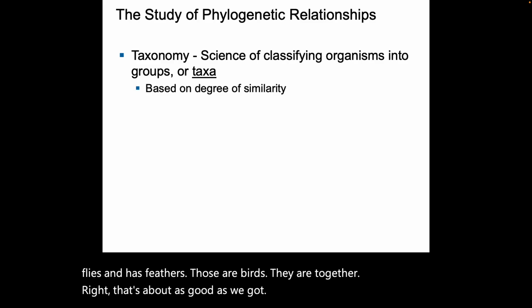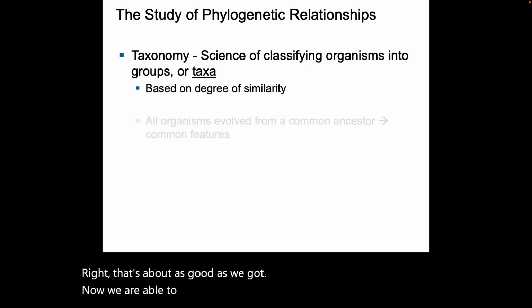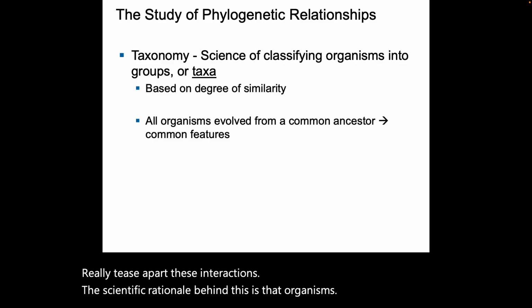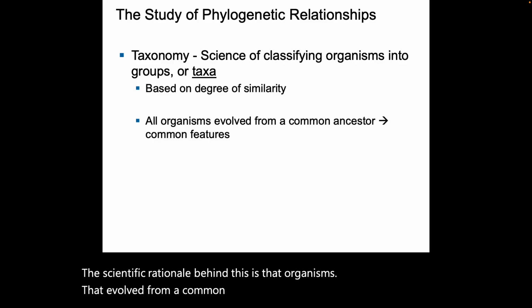Now we are able to use genetics to help really tease apart these interactions. The scientific rationale behind this is that organisms that evolved from a common ancestor likely have common features.